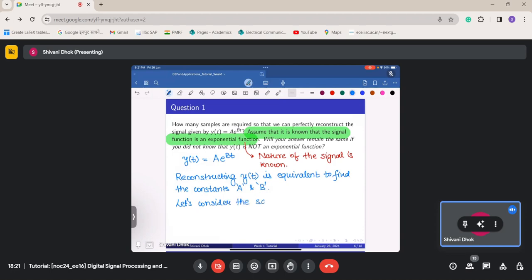Let's consider the signal values at time instances t1 and t2.